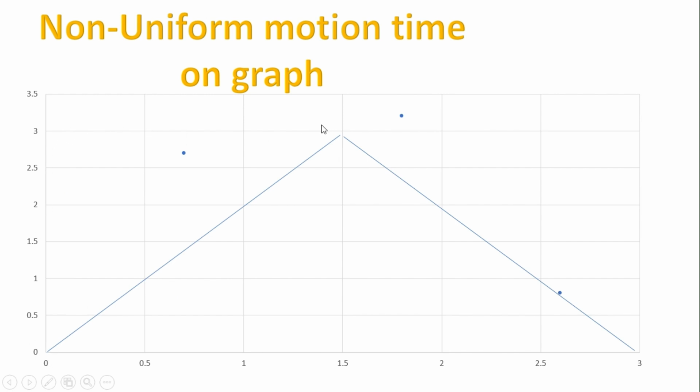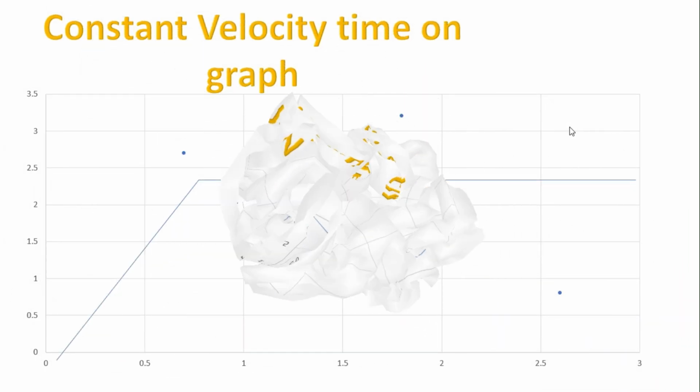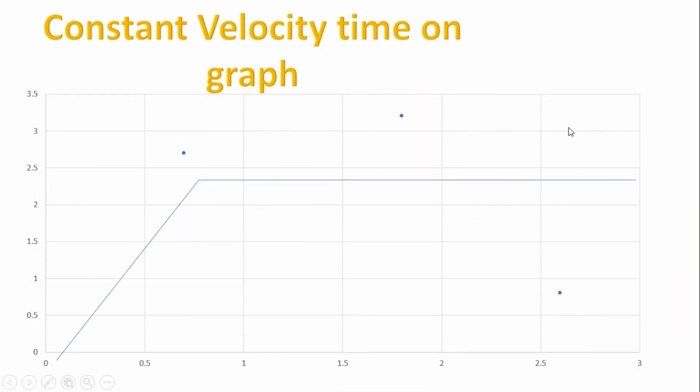For example, you can see the object was going from 0 till it went up to 3, but then suddenly it has a retardation. Now retardation is nothing but a negative value of acceleration. It is opposite to acceleration.